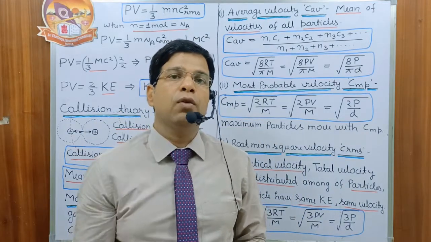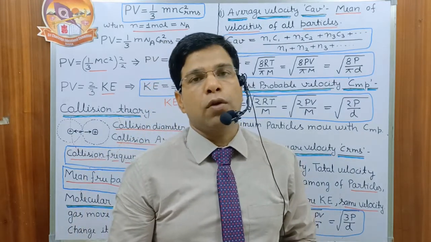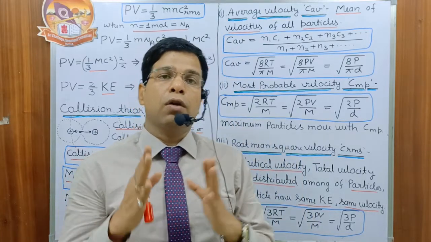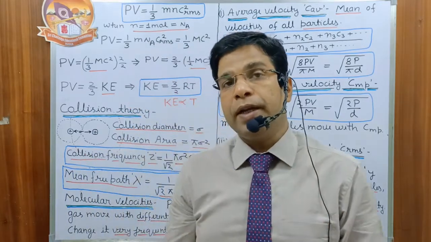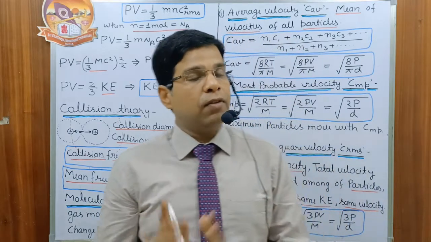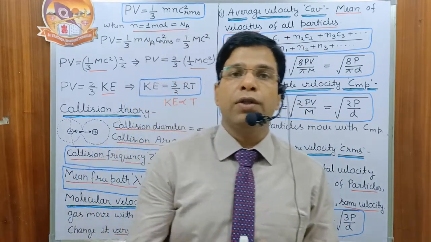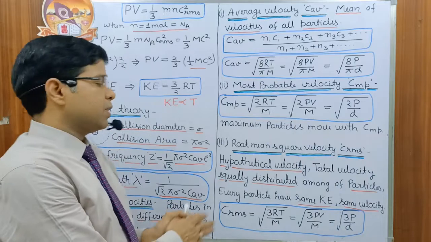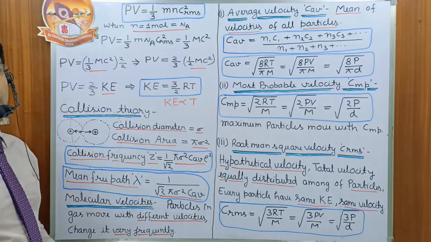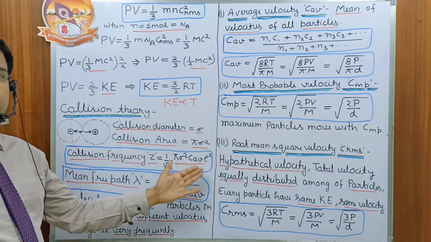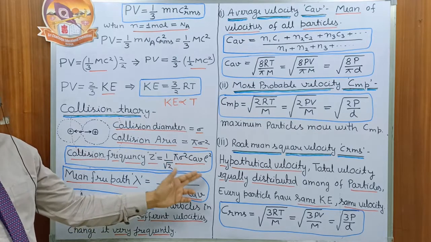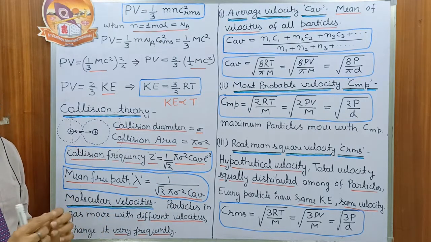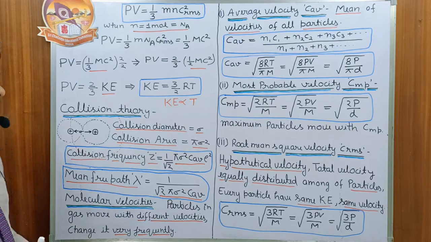So in one collision we require two molecules. That is called the collision frequency. Collision frequency has the formula 1 upon under root 2 pi sigma square C_AV, the average velocity, rho square. Rho is the symbol of the density of the gas.